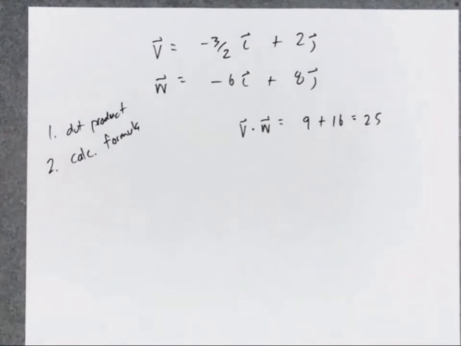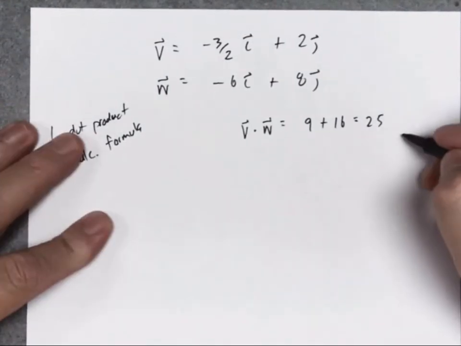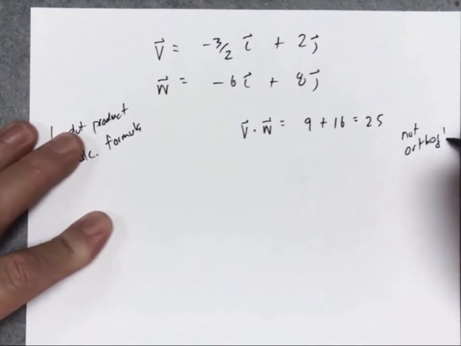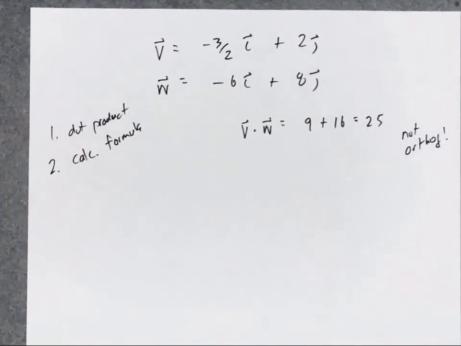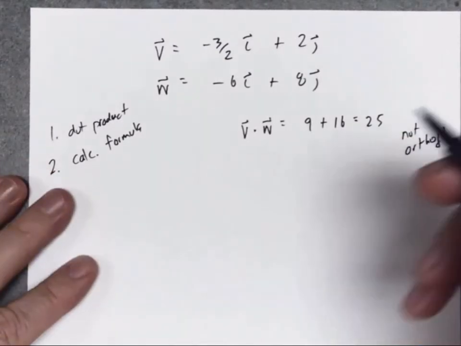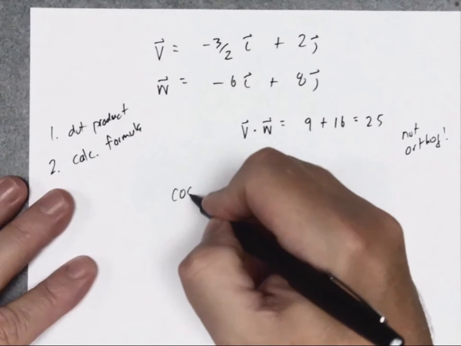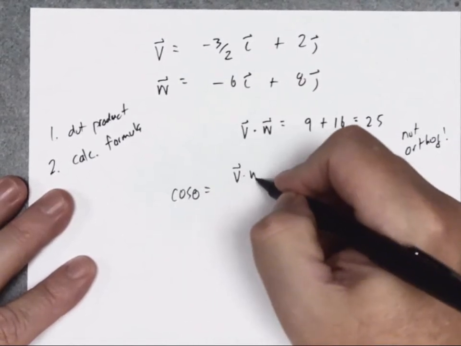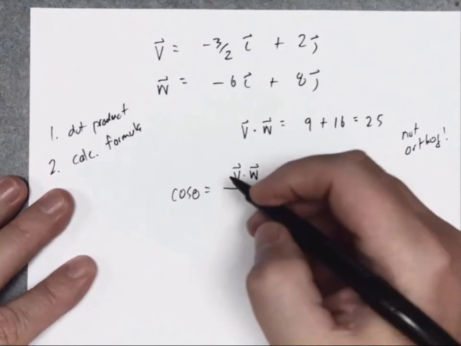Looks like the dot product is 25, so I can say they're definitely not orthogonal. It'd have to be 0 for them to be orthogonal. So now the question is, are they parallel? The only way I can determine that is to actually perform this calculation.